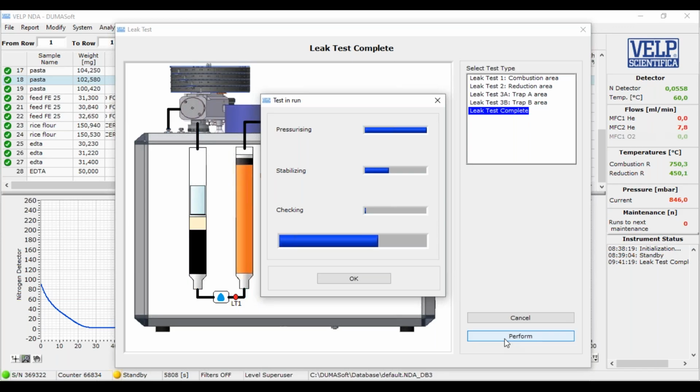Okay, so now we just wait a couple of minutes to see the result of the leak test.